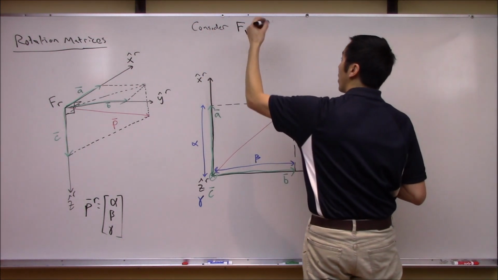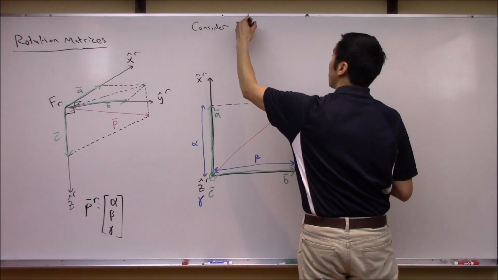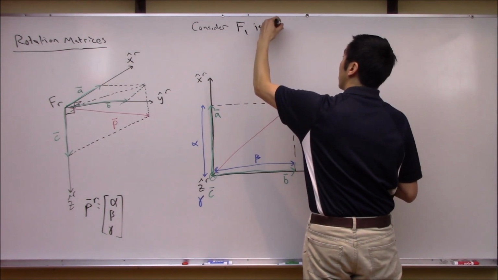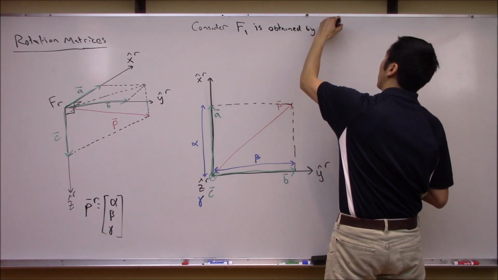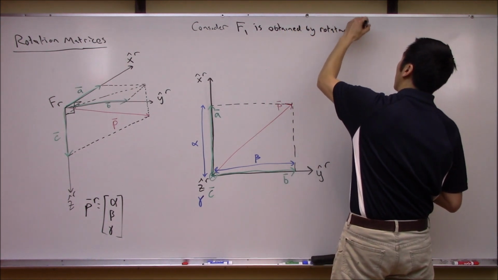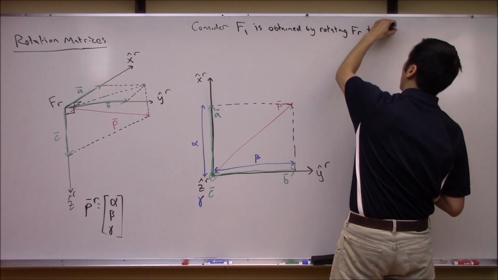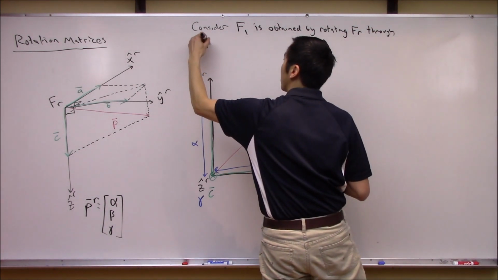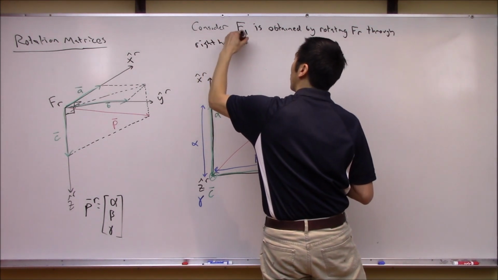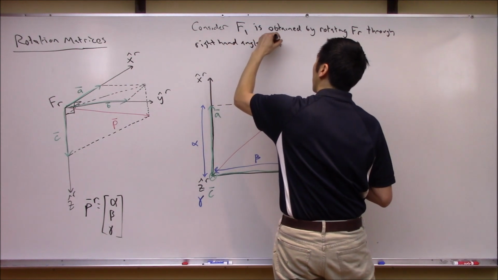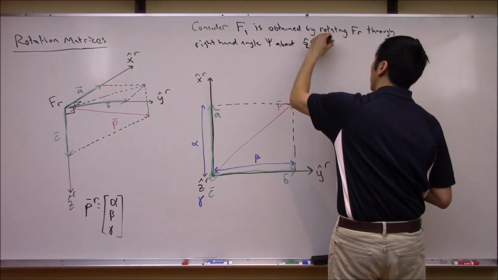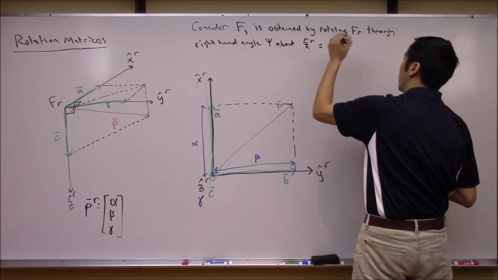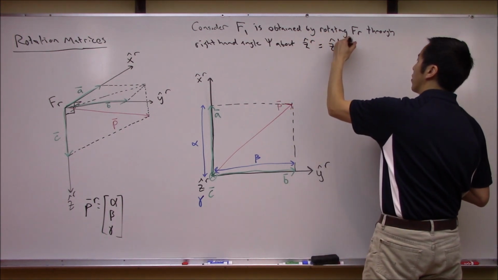Frame F1 is obtained by rotating F R through a right-handed angle psi about the z hat R axis, which is also going to be the z hat 1 axis.